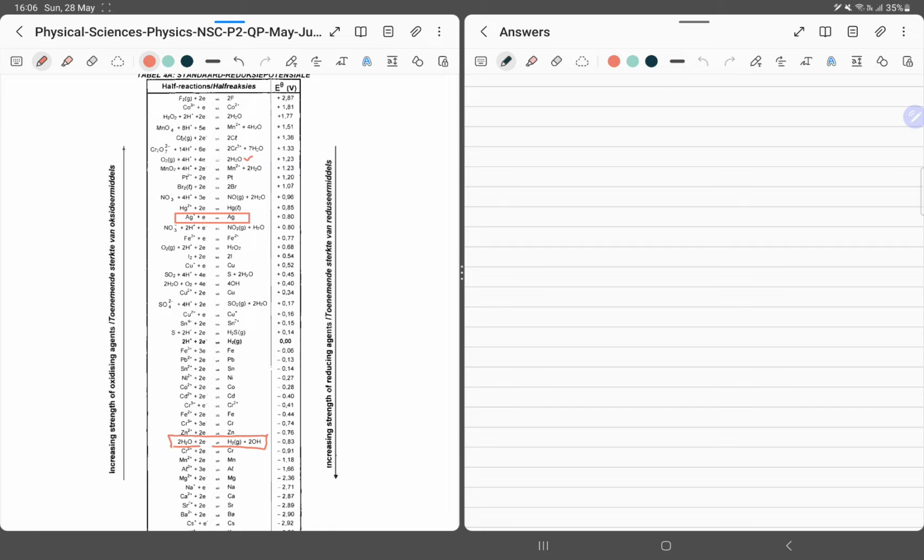But of the two, which one has a stronger oxidizing ability? It is water. So water will literally try to overtake the sodium. So we can see now that the most likely scenario is that water will actually be the one reduced rather than the sodium because of its higher oxidizing ability.